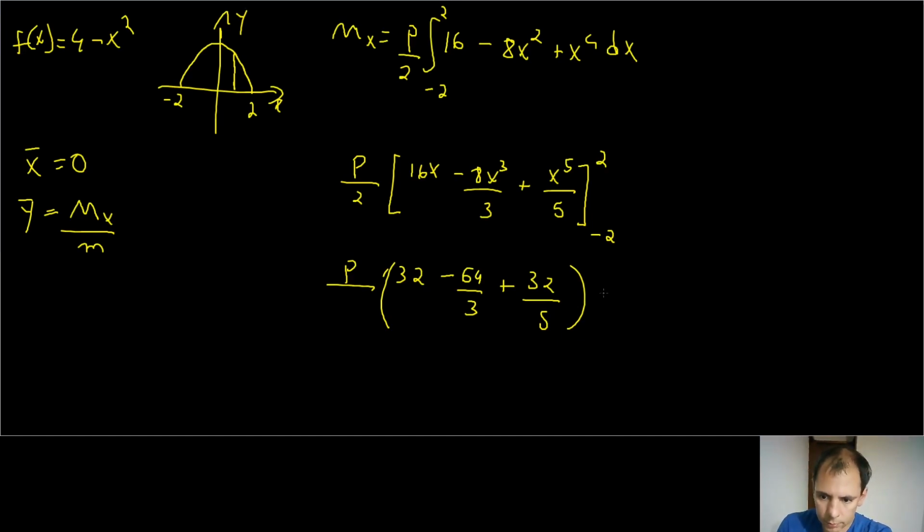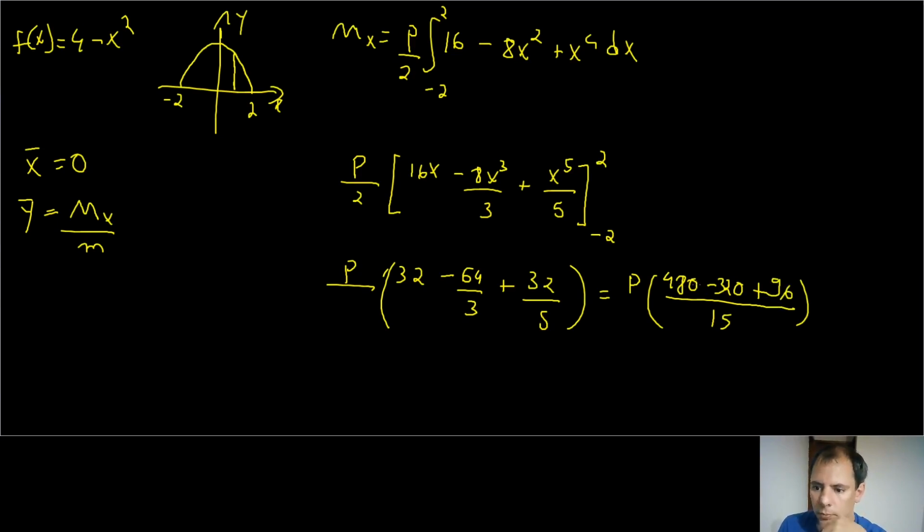So this now is going to be p times 15. It'll be 15 times, well, it'll be 320 plus 160, that's 480. Plus 3 times that, well, it'll be 90 plus 96.